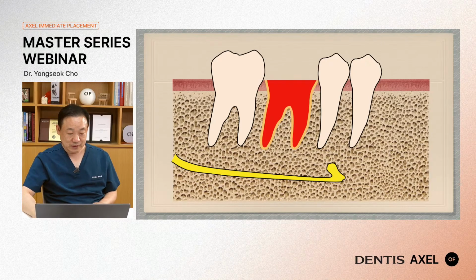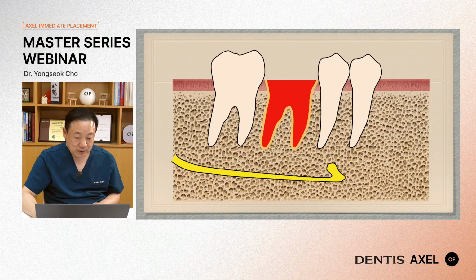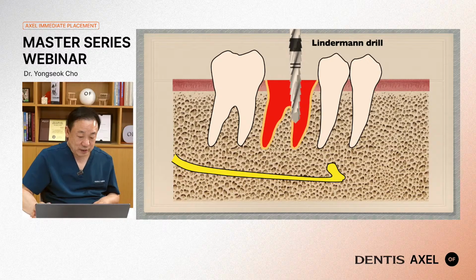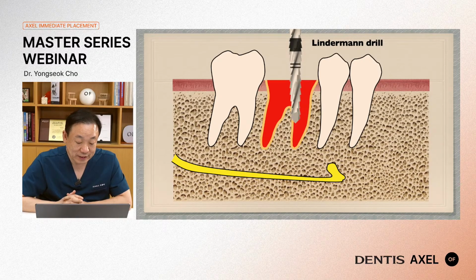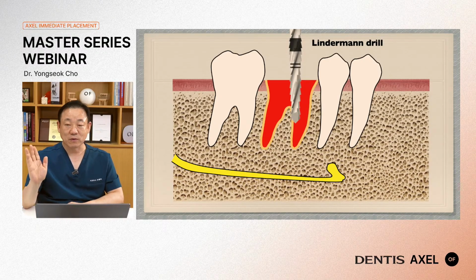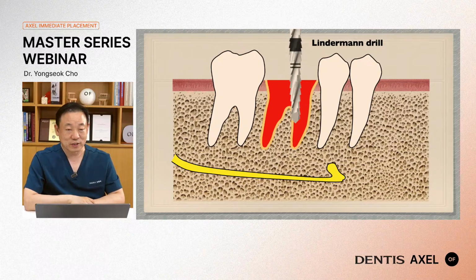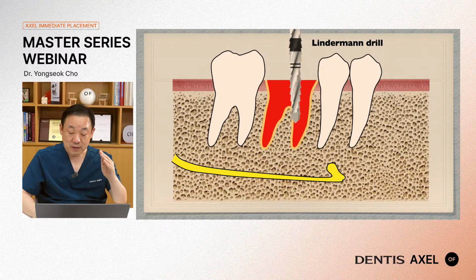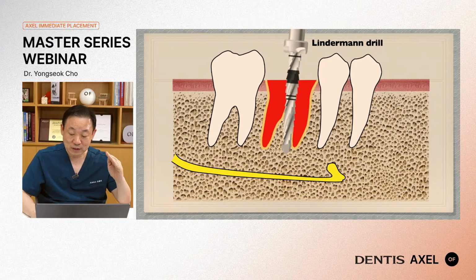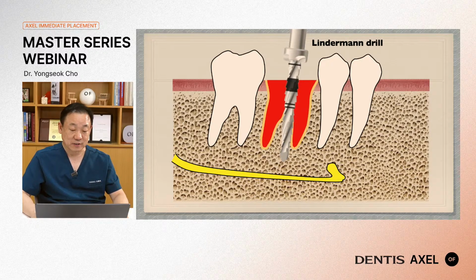Instead, the Lindemann drill is initially positioned against the septal bone from the medial root socket, and advanced obliquely toward the center of the extraction socket.